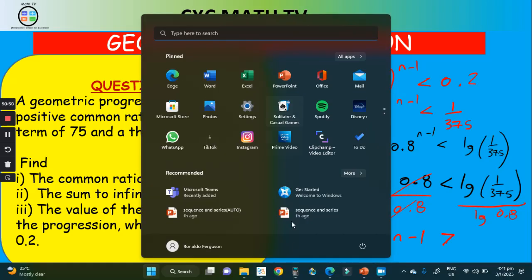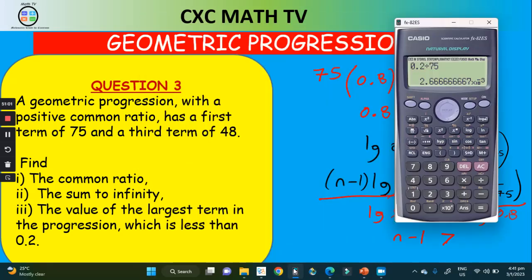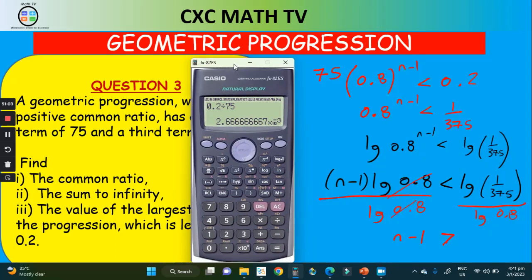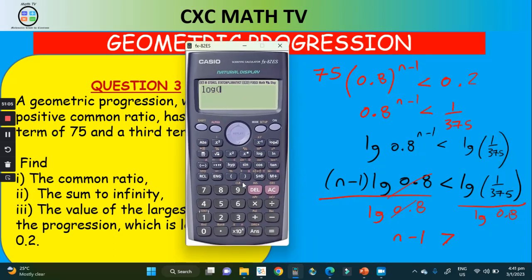Alright, so you have to remember that. Whenever you divide by a negative, you change the inequality sign. Think about it. The log of 0.8 is a negative number. So now we have the log of 1 over 375, we divide that by the log of 0.8, and we get 26.6.